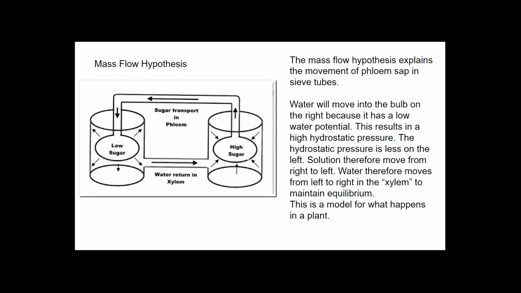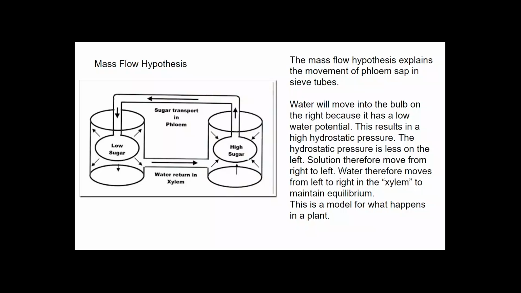And the movement can be explained by the Munch hypothesis or mass flow hypothesis, where we have a lower sugar concentration in this tube here, and this surrounding here is semi-permeable, as it is here. You have high sugar here, and therefore water will enter by osmosis.